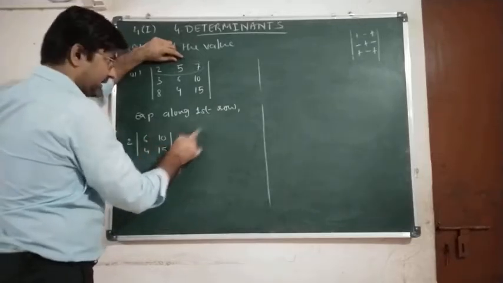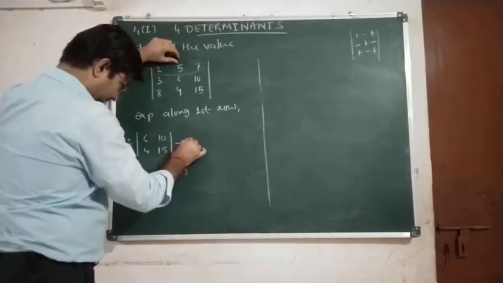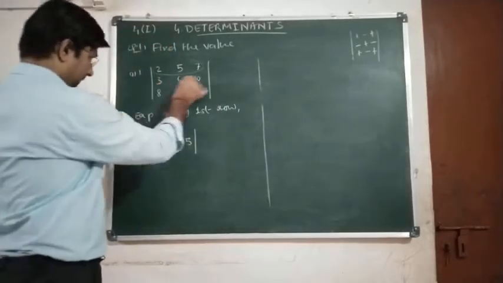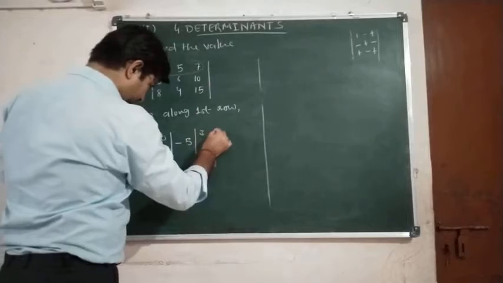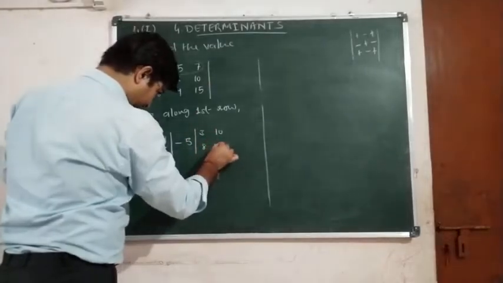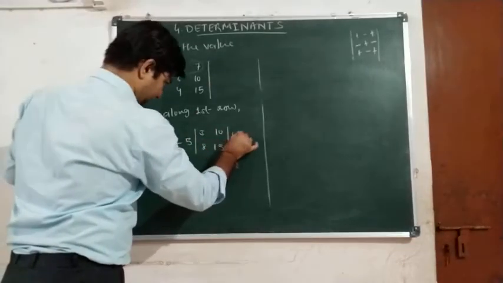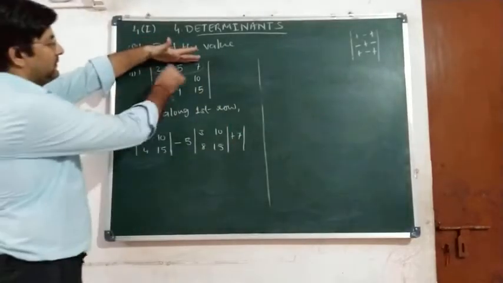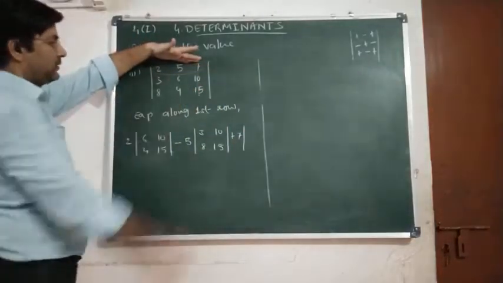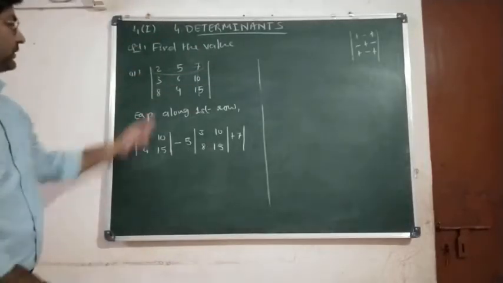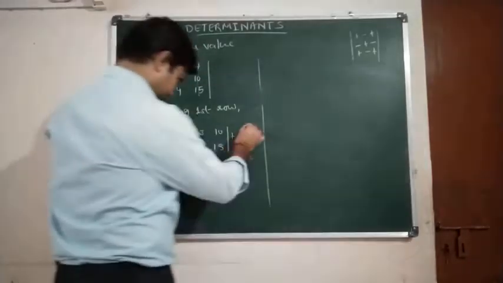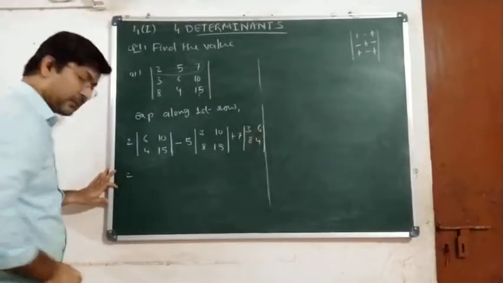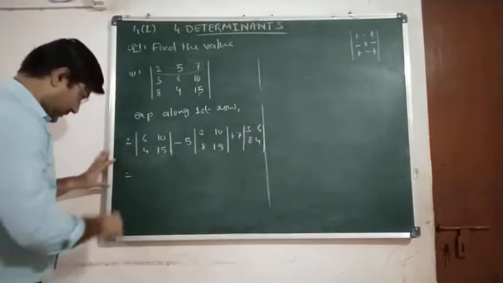Then the sign convention is minus, 5 multiplied by its minor, which will be 3 8, 10 15. Finally plus 7 into the determinant obtained by eliminating the first row and the third column, which contains 7. So 3 6, 8 4. Now let us solve these 2 by 2 determinants.